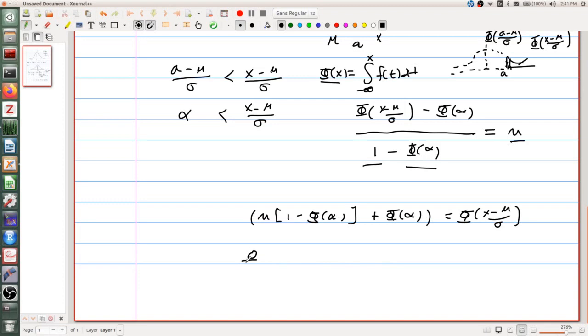Then do the inverse normal, which is why this is called the inverse CDF method. And this is the formula that we use when we code it. So in the next video, I will code up a sampler.